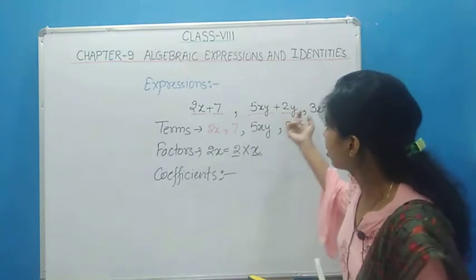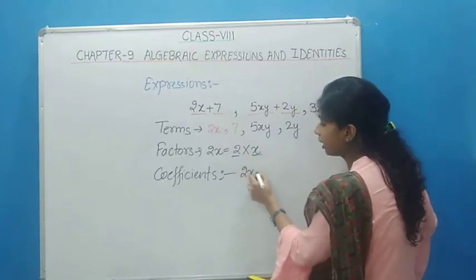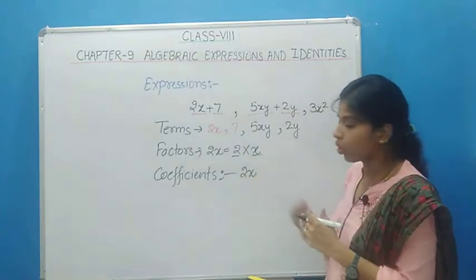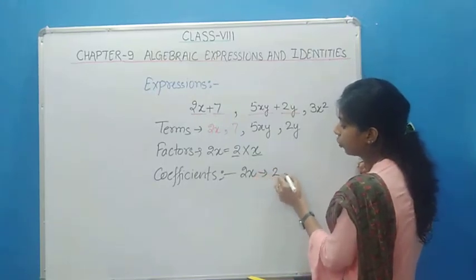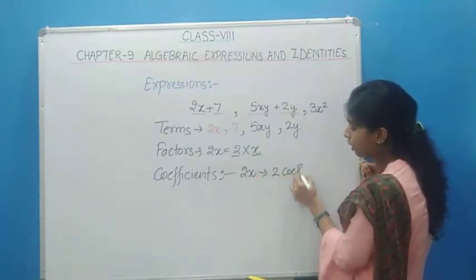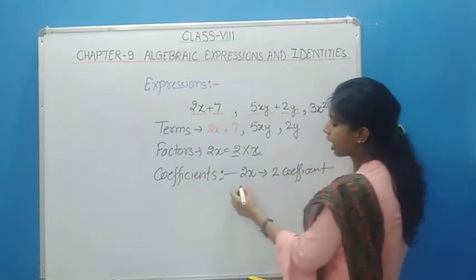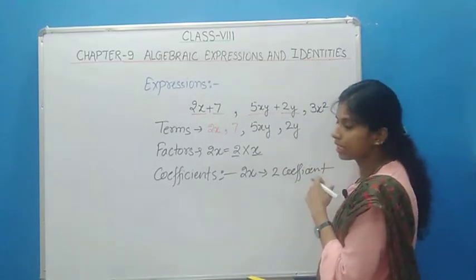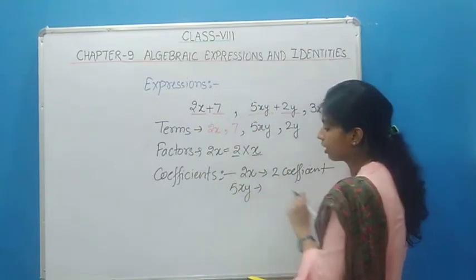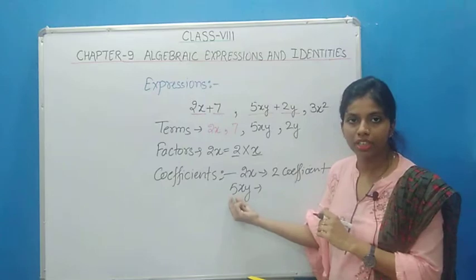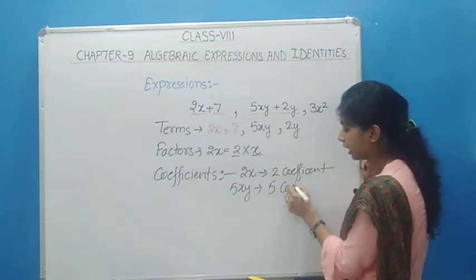Suppose I take the same term 2x. Here the numerical factor, the coefficient, is 2. Similarly, tell me the coefficient for the term 5xy. Here the numerical factor is 5. So 5 is the coefficient.